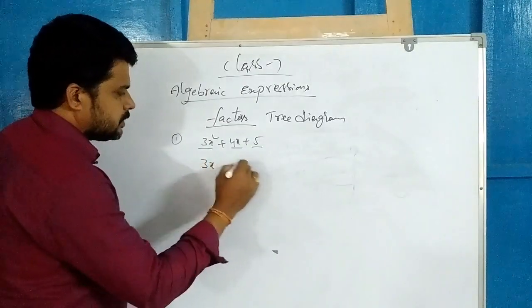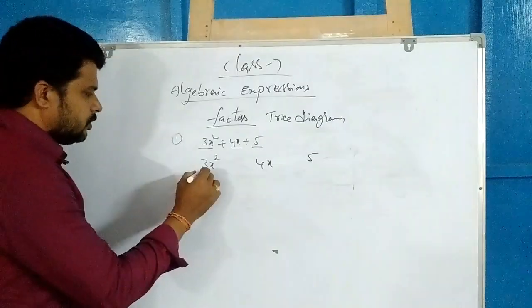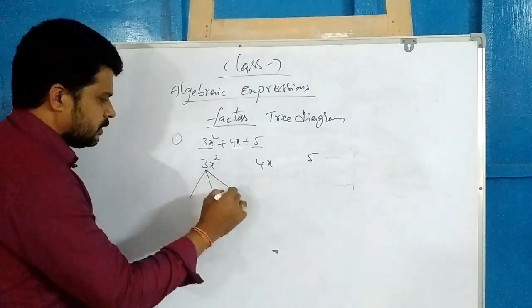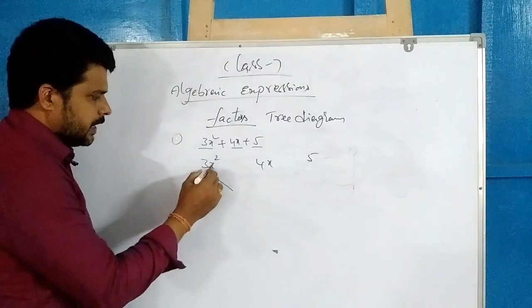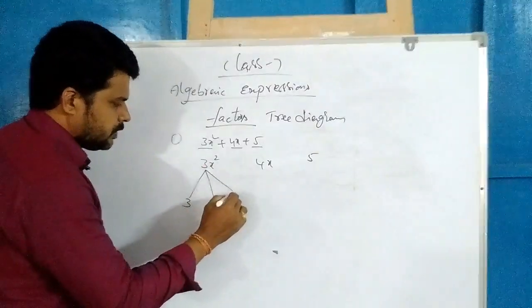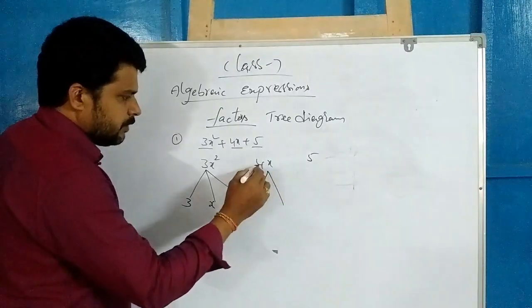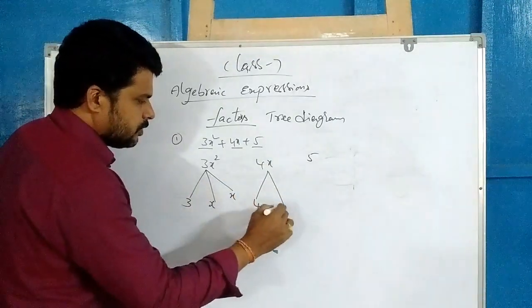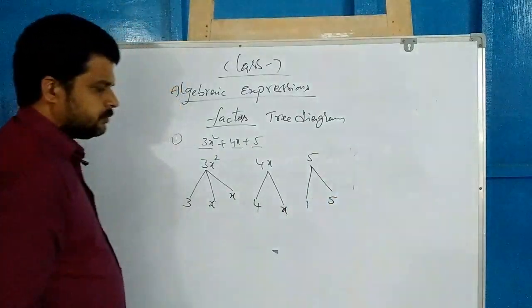So 3x square, 4x, 5. What are the factors of 3x square? x square multiplied with 3, and x square means x into x. Now 4x is 4 into x. And 5 is 1 into 5.